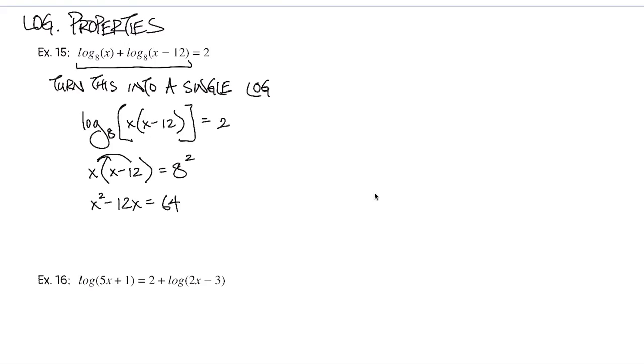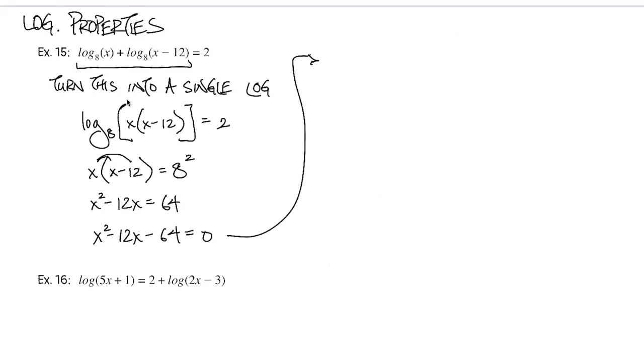We have our friend the quadratic, so we're gonna move everything to one side, set it equal to 0, and factor so we can solve this equation. All right, I need a pair of numbers that multiply to make 64, but add or subtract to make 12. Ooh, on it.